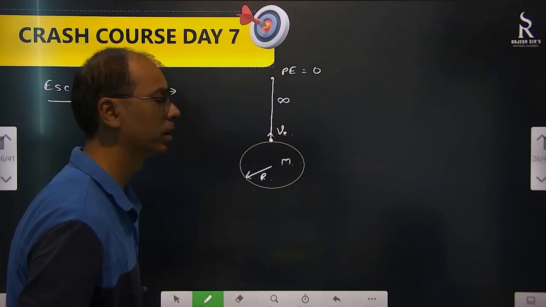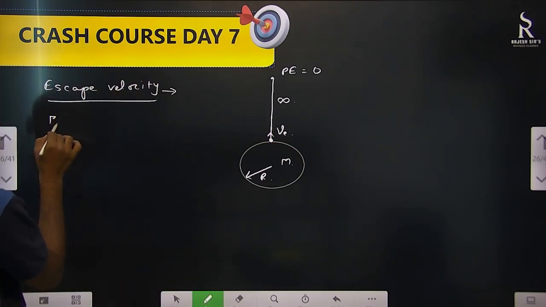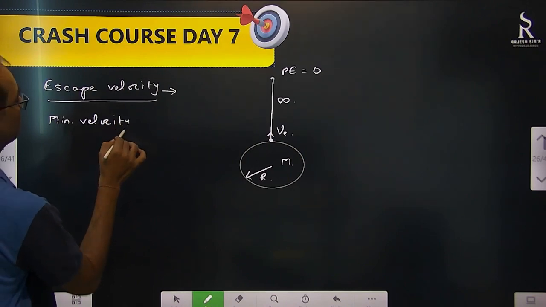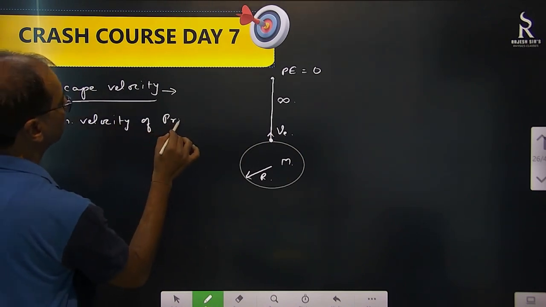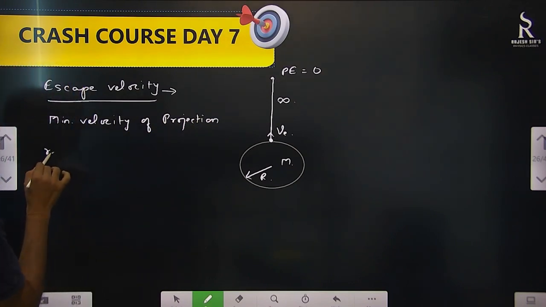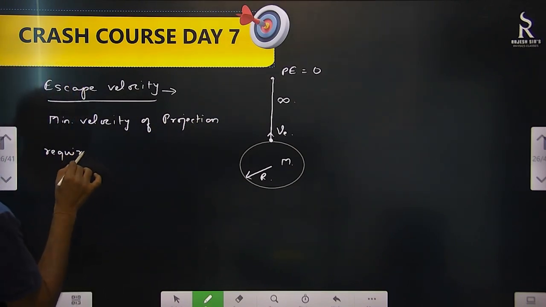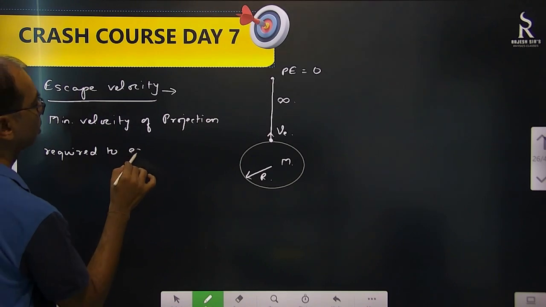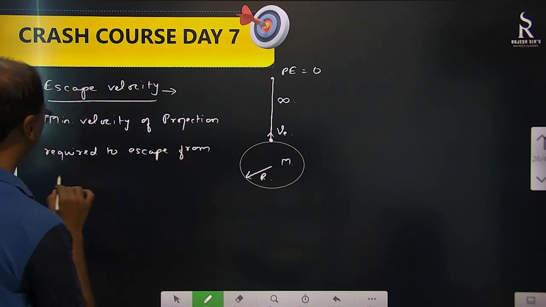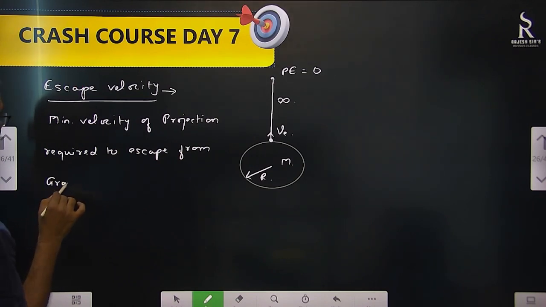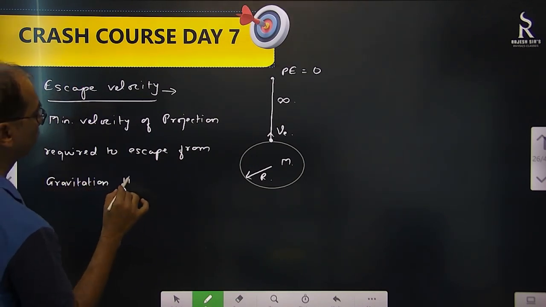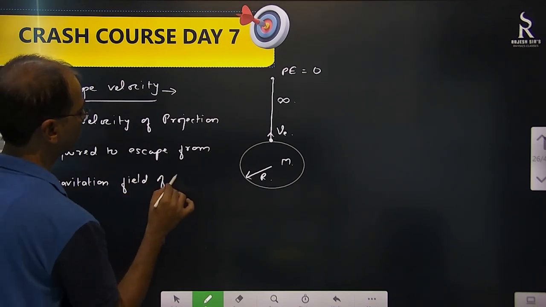Now you are projecting it with escape velocity. Escape velocity is what? Minimum velocity of projection required to escape from the gravitation field of Earth.